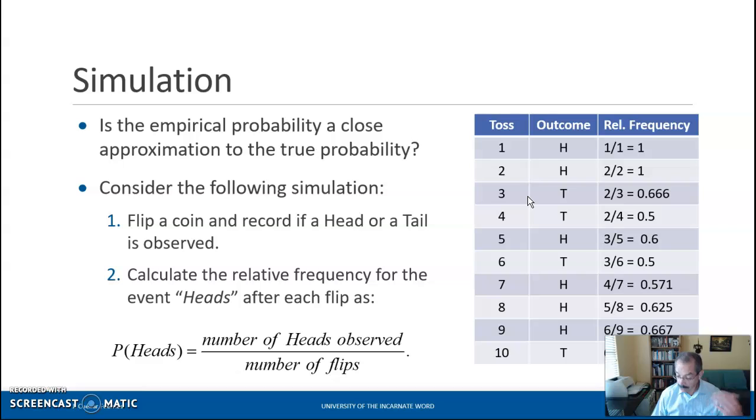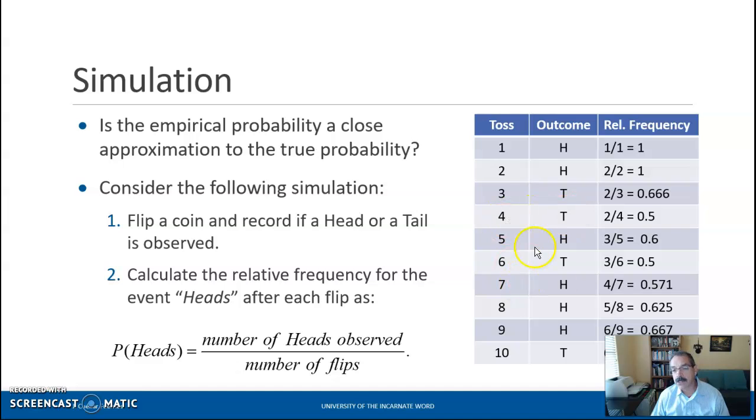If you do the third flip, in this case a tail was obtained. So now we have 2 out of 3, or a relative frequency of 0.666. If you perform the experiment again, we obtain another tail, and now we have 2 out of 4 with a relative frequency of 0.5.